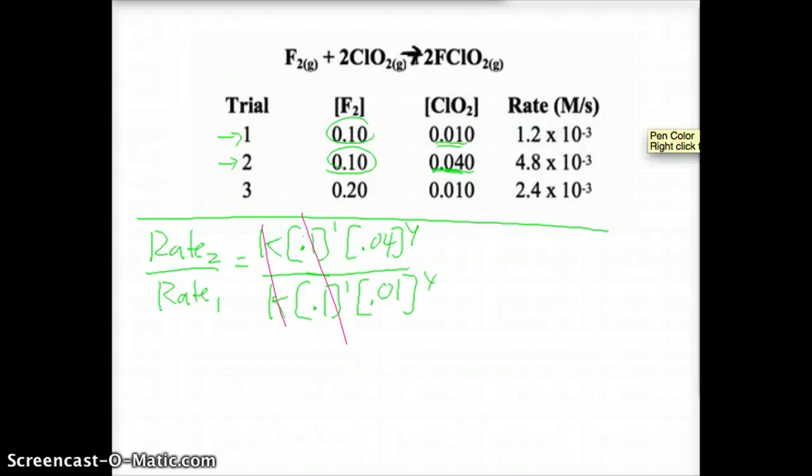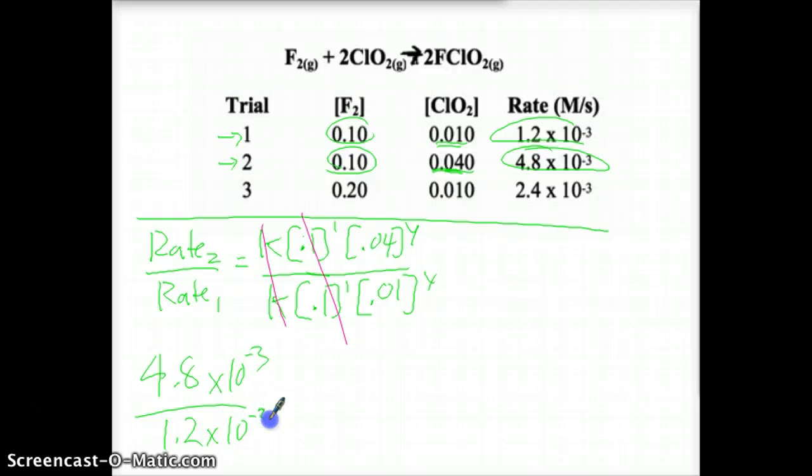So if I rewrite this down below, the rate in trial 2 was 4.8 times 10 to the negative third. Rate in trial 1, 1.2 times 10 to the negative third is equal to 0.04 to the y over 0.01 to the y.